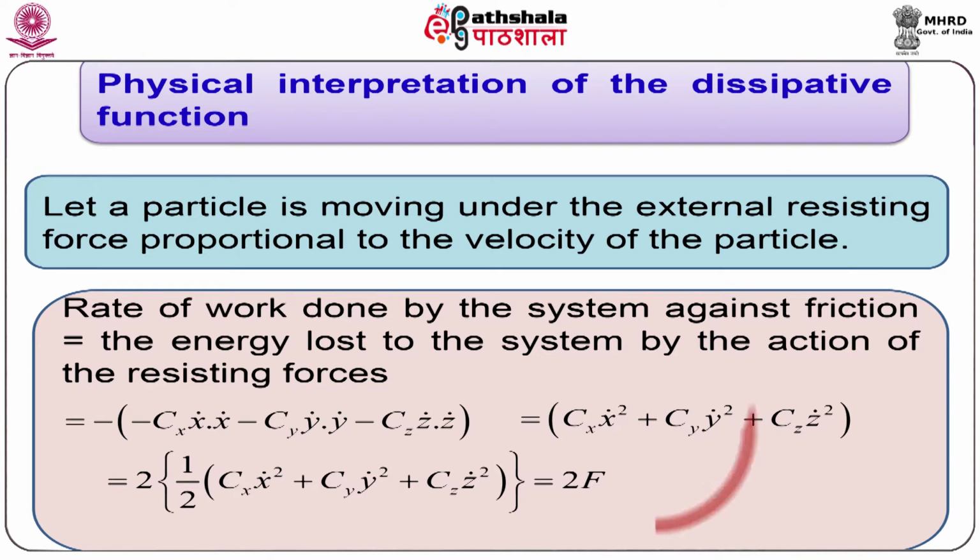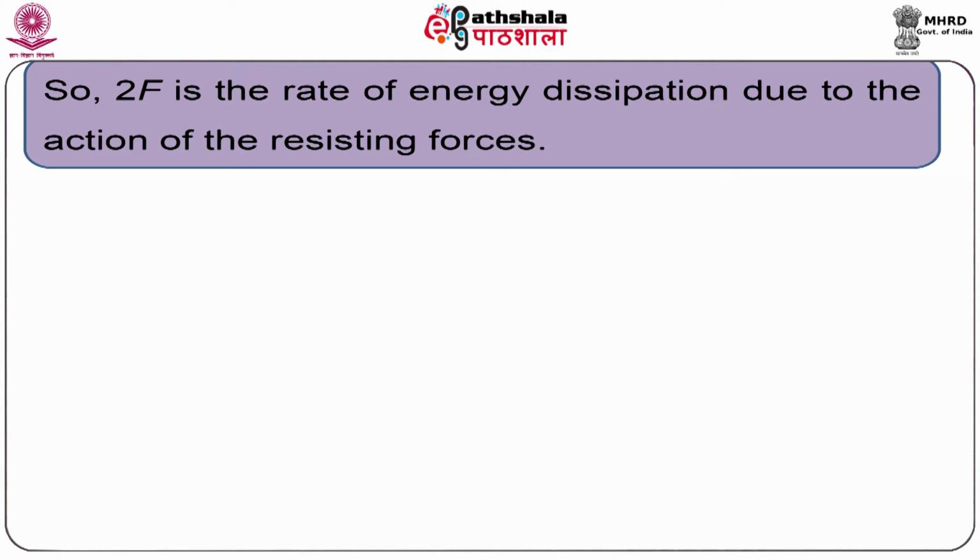Writing this equation in this form, we simply get 2 into capital F, where F is the dissipative function. Thus, we have 2 into capital F as the rate of energy dissipation due to the action of the resisting forces.